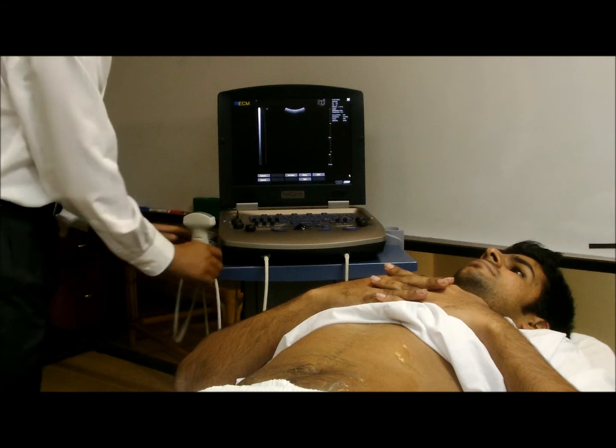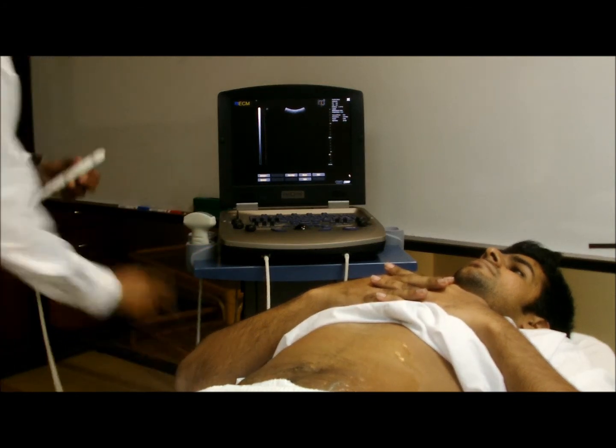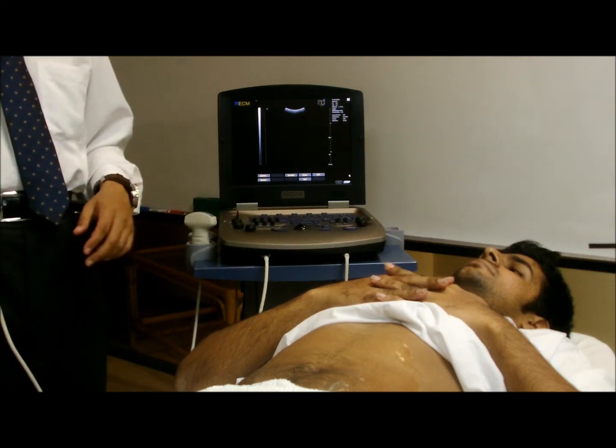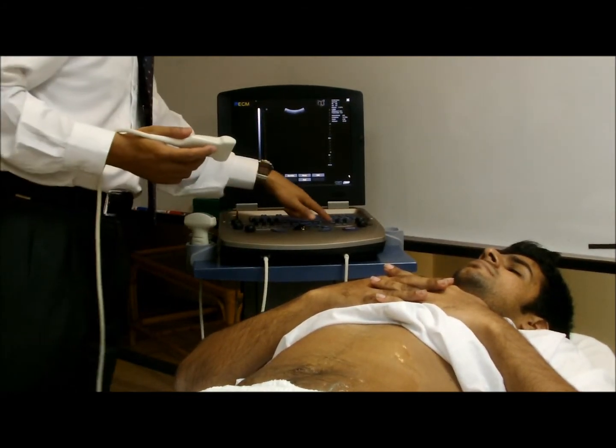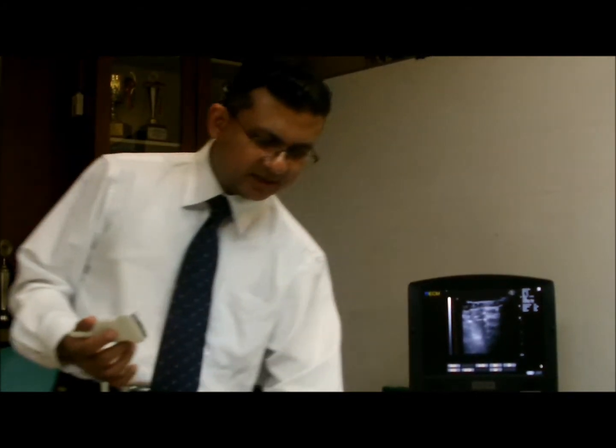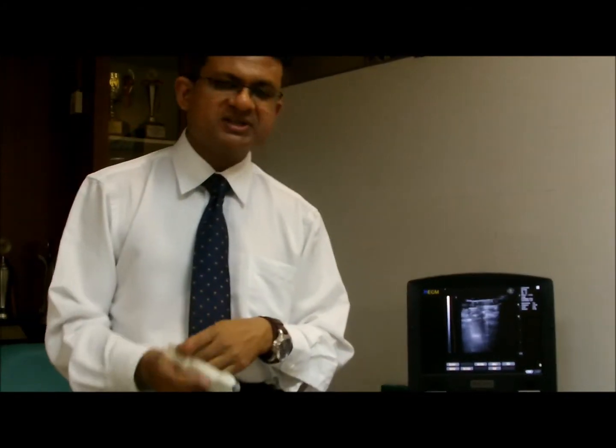As for appendicitis, you can change the probe to a high frequency probe. I'm changing the probe now to locate the appendix. Usually it's easier for patients having acute appendicitis because the wall will be inflamed. Your target is to find a target-like structure, and if it is usually more than 7 millimeters, it would be consistent with acute appendicitis.